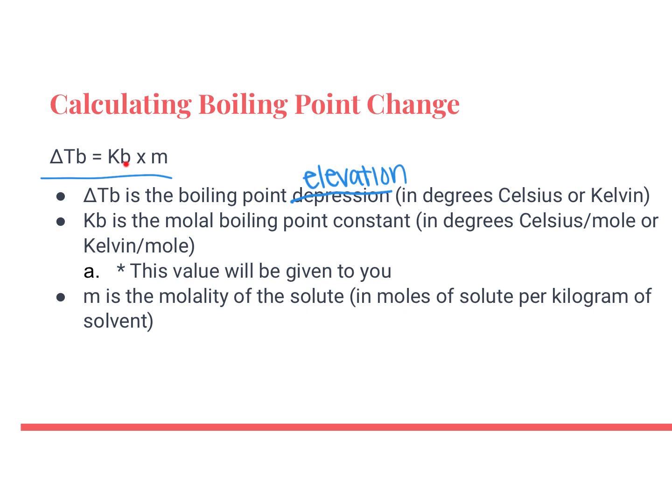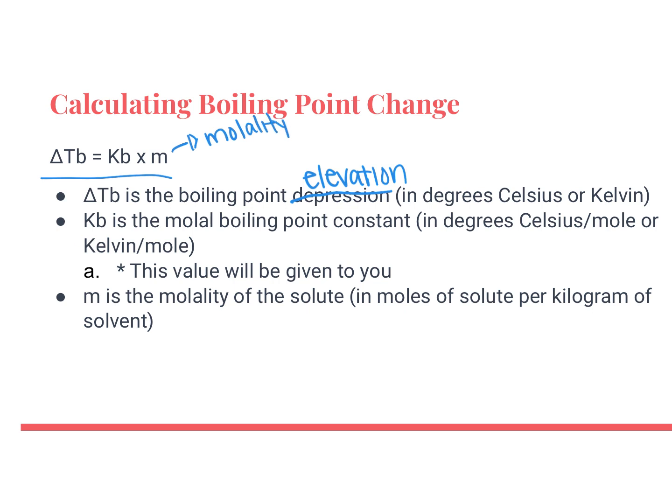This number will be given to you, and it's a constant. However, it changes depending on what your solvent is. So whatever the solvent is, I'll give you that Kb value. And finally, lowercase m is molality. Make sure you know that lowercase m is molality.